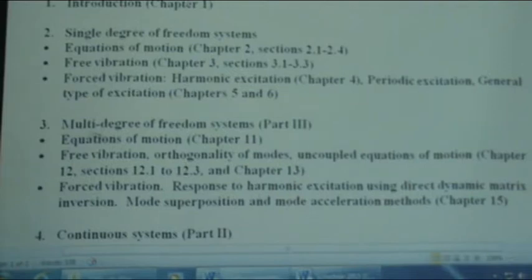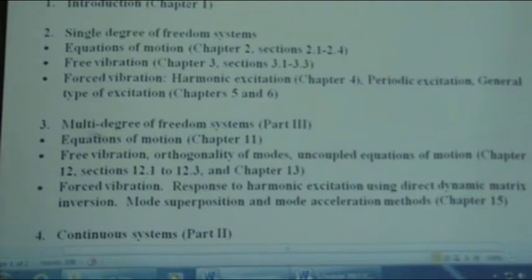Harmonic can be a sinusoidal function, a function of time such as sine of t or sine omega t. We can have periodic excitation, which is an excitation that repeats itself every certain interval. And then the last one is the general type of excitation.